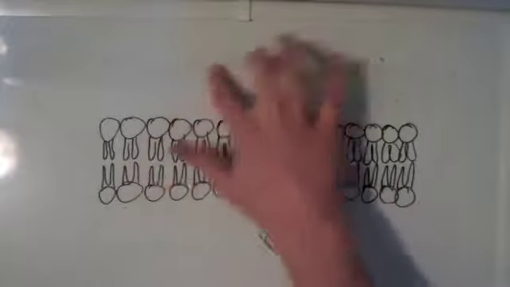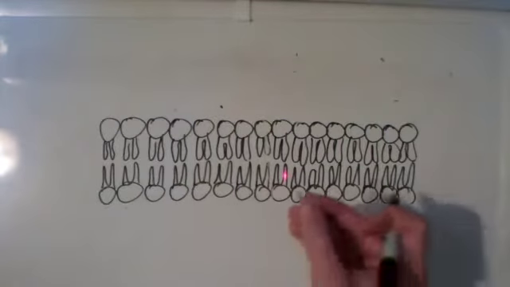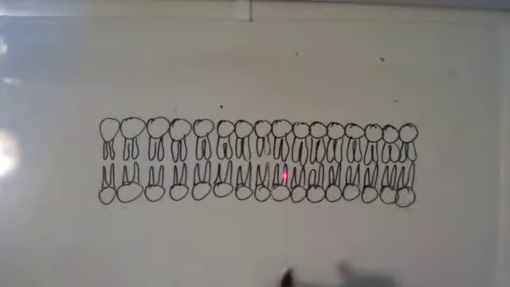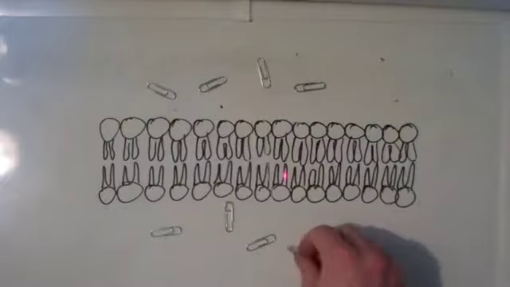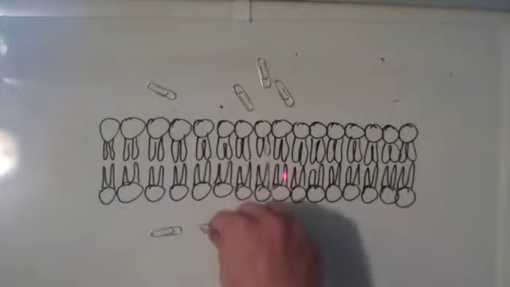Well, as you know, there is a constant movement of atoms. They're constantly bouncing around. And so let's say we've got a bunch of these guys over here on the outside of the cell. A continuous diffusion, right? Can go both ways.